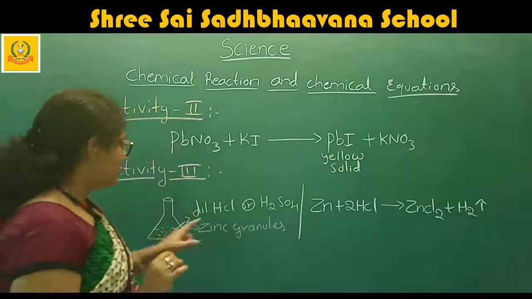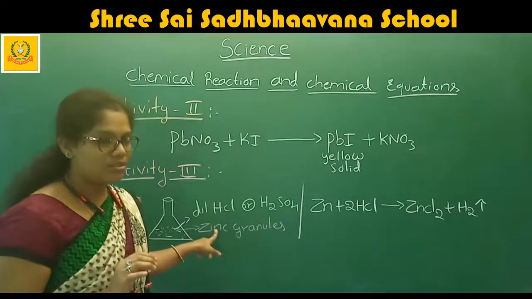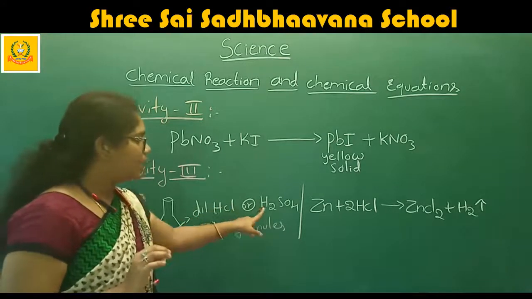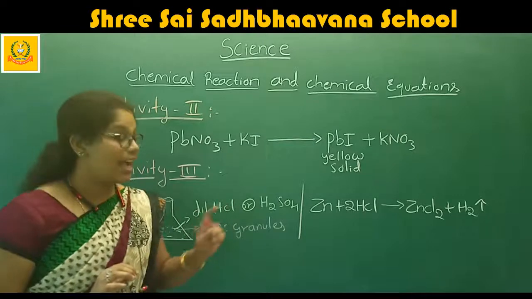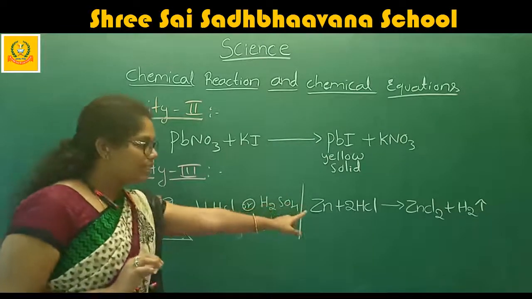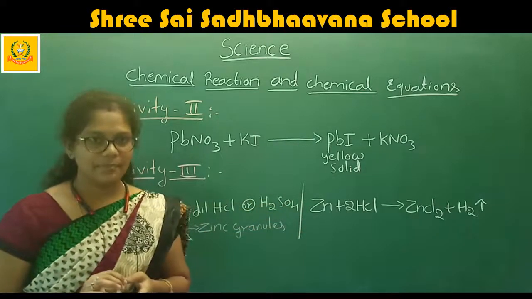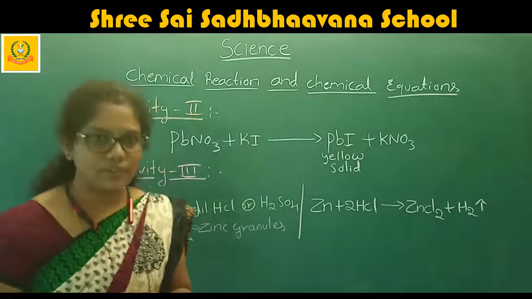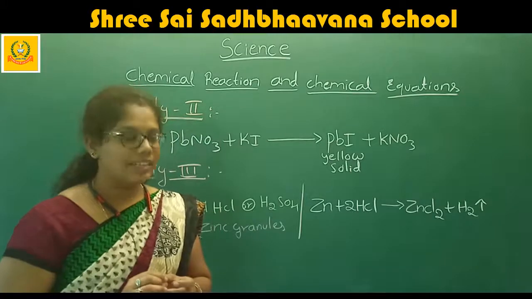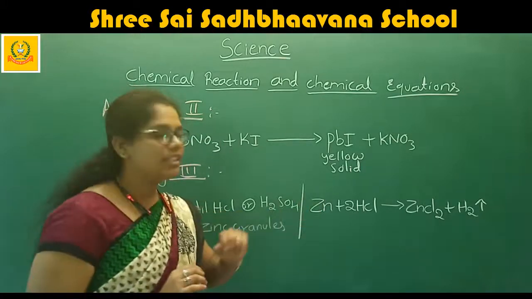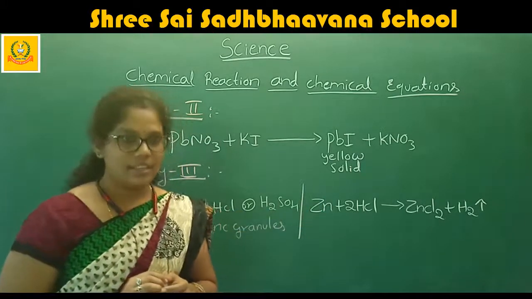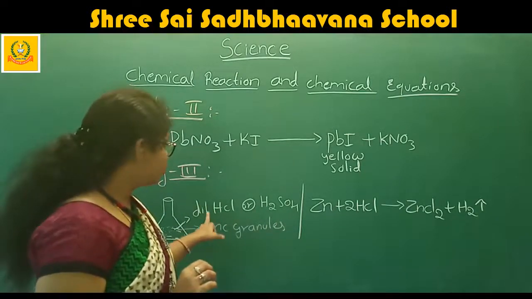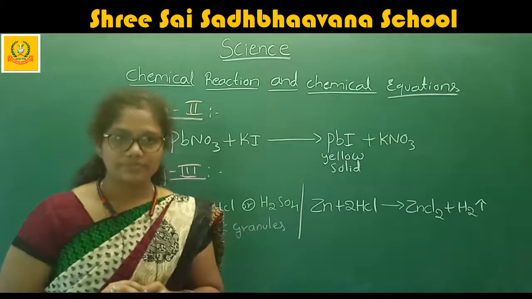When zinc, Zn, is reacted with HCl or with sulfuric acid, I have written the reaction only for zinc reacting with HCl. You can guess the reaction for zinc with sulfuric acid also. The zinc granules are taken in the conical flask, and we add dilute HCl.